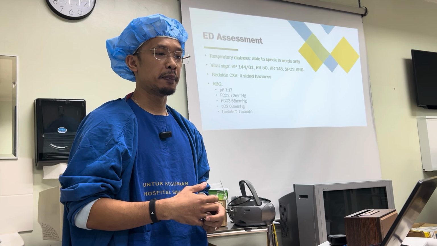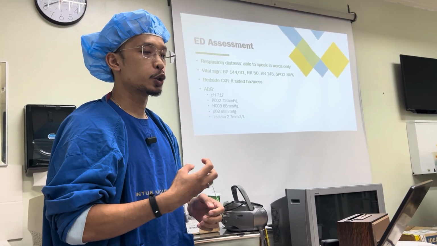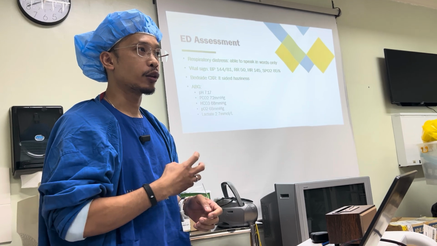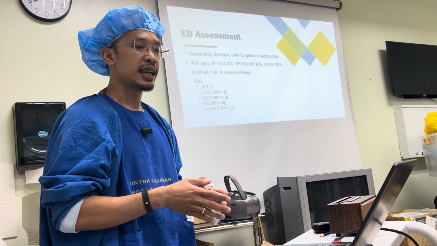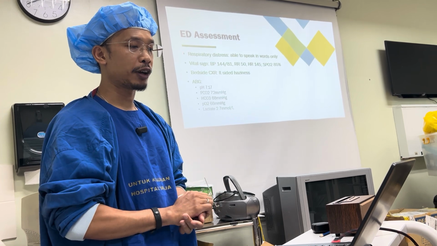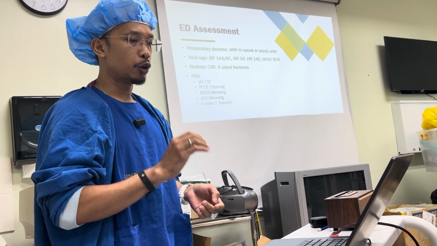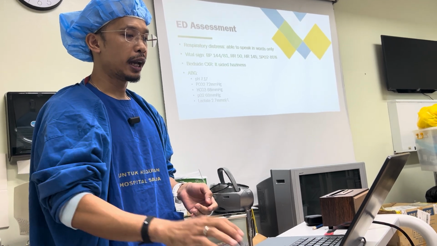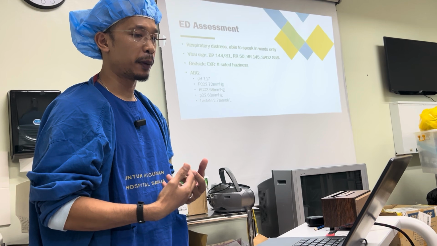When he got to the emergency department, he was really struggling, only able to speak in short words instead of full sentences. His respiratory rate was 50 breaths per minute. His heart rate was 145 beats per minute, and his blood pressure was 144 over 81 millimeters of mercury. And even with oxygen support, his oxygen saturation was only 85%.